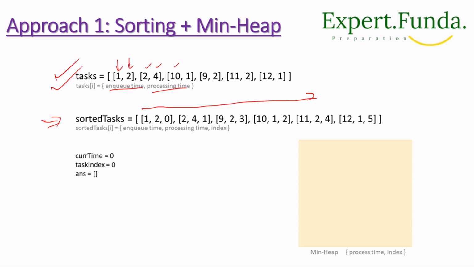And then after selecting the task, the CPU will run that task until it is complete, and the current time will increase by the processing time of the selected task.